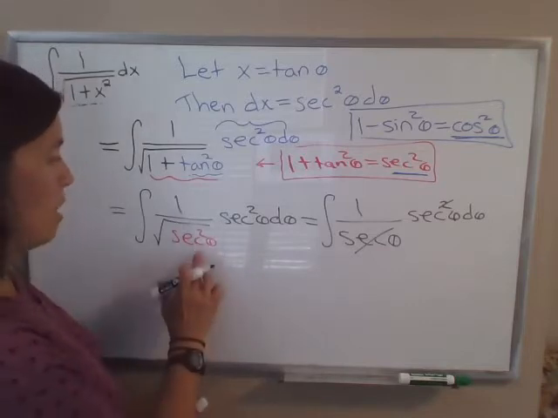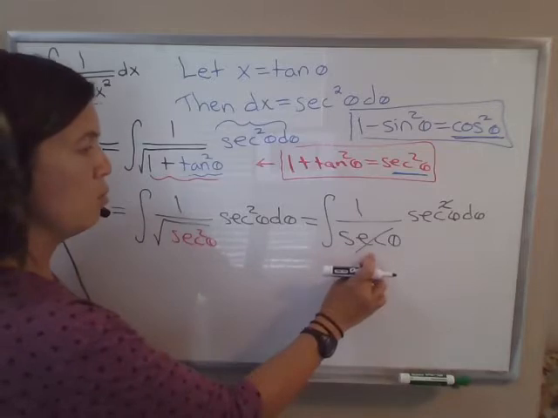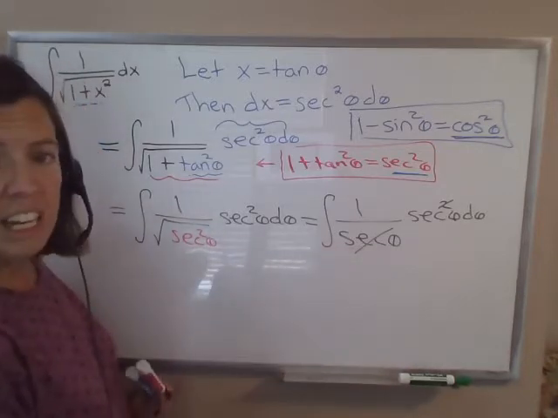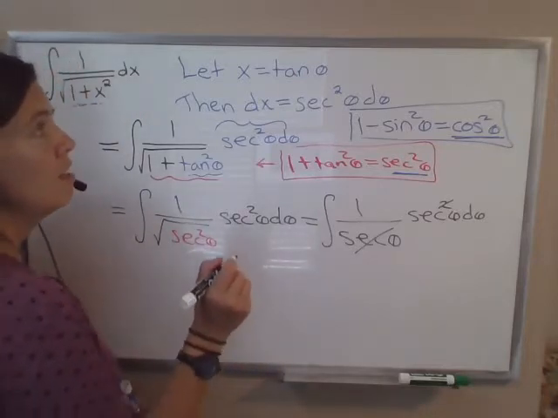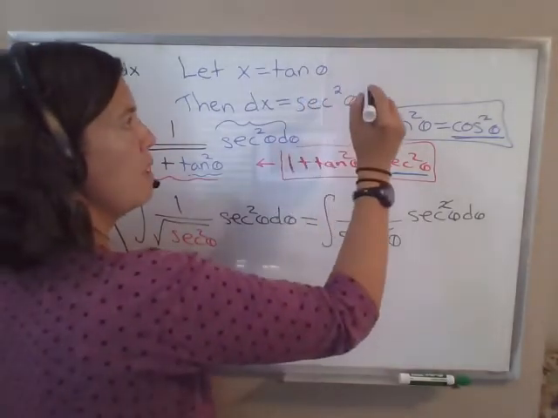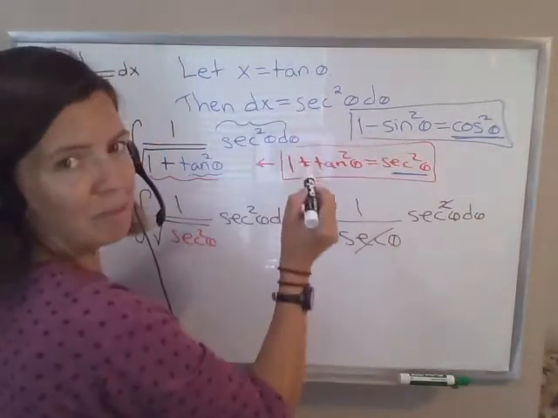Okay, one other thing. So when I do this, the square root of secant squared theta is equal to secant theta. When I write that, I'm assuming that secant theta is positive. And I want to defend that. Okay, this is going to be a bit of a tangent here. Pun intended.